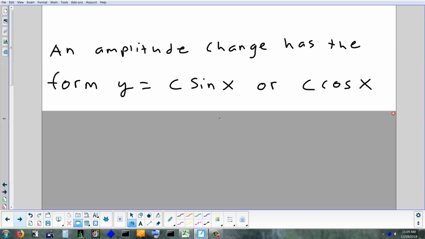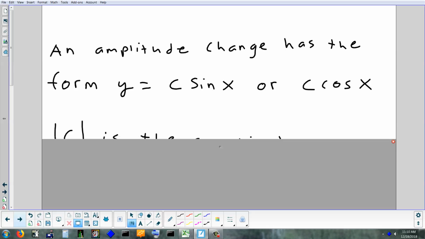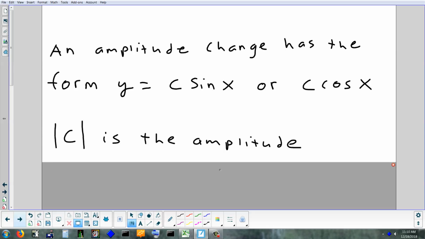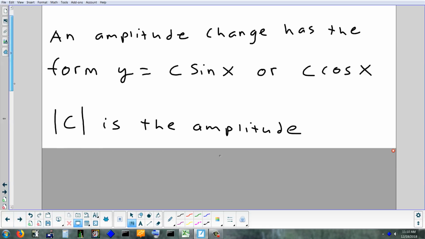Did you do it inside, right next to the x, or did you do it outside the function, out in front? If you do it out in front, that's an amplitude change. So you'll have a number in front of sine or cosine.